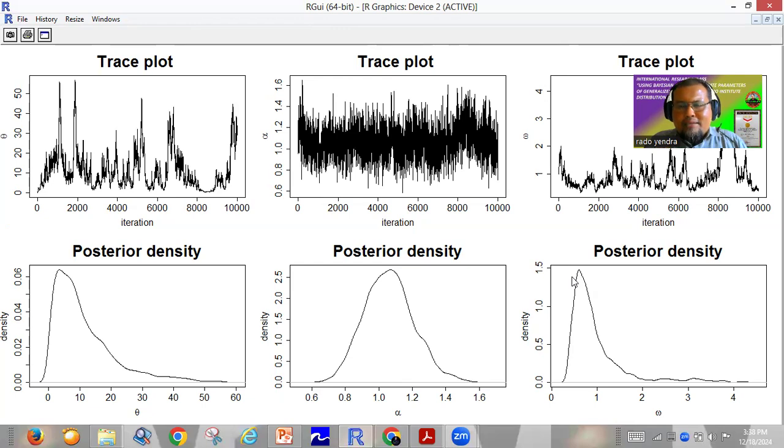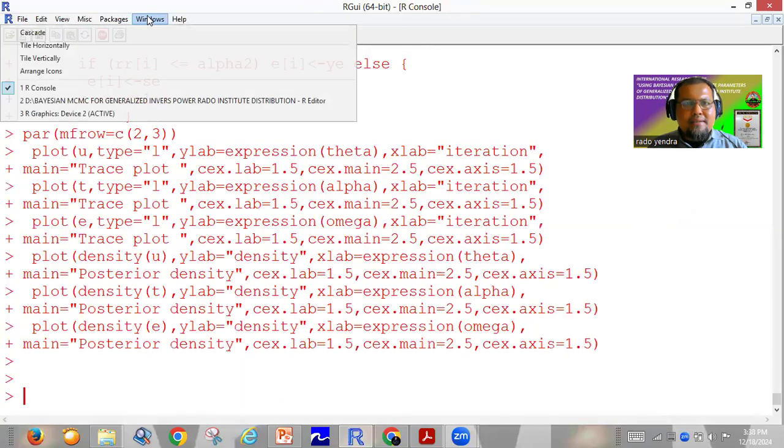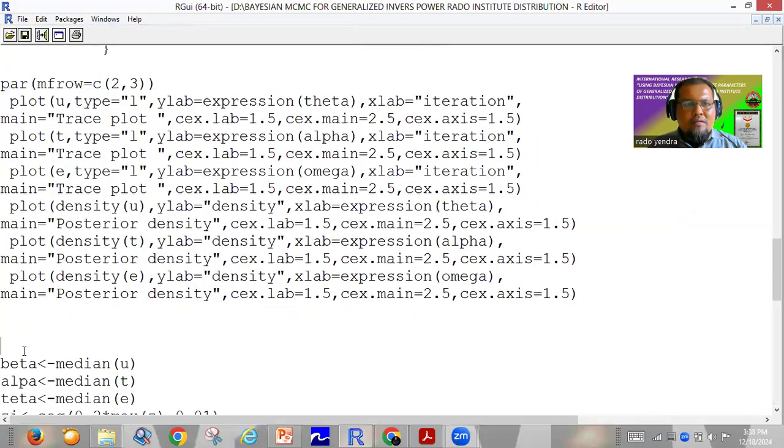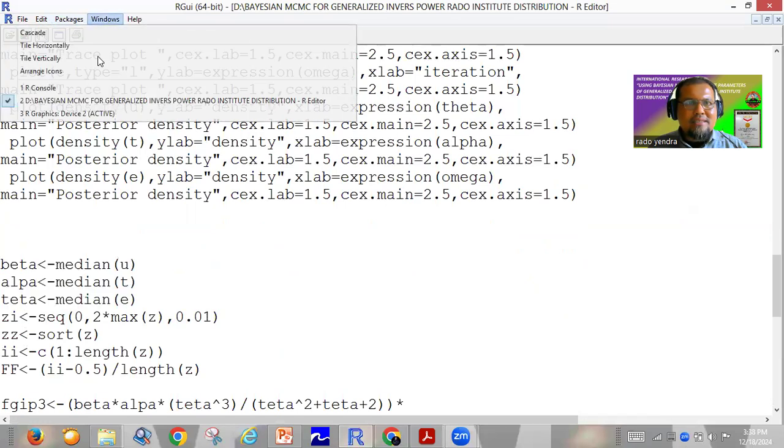To choose one value from the 10,000 values, or the value from the peaks of the density plot, we will use the median, like I said before. Beta, alpha, and theta. Okay, for this one, we run here.